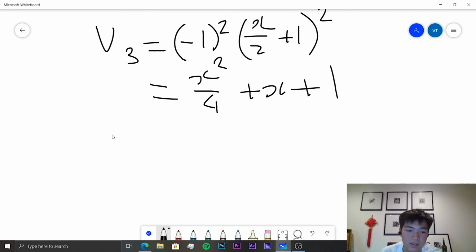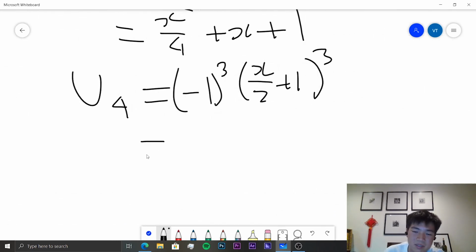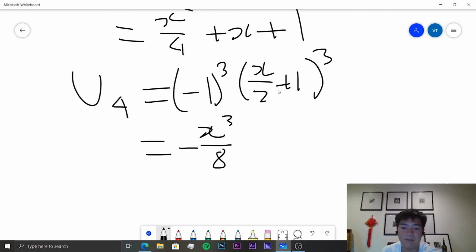And our fourth term would look like negative 1 cubed times x over 2 plus 1 cubed. And what would this be equal to? This would be equal to negative x cubed over 8. 1331, so... Sorry, 1221. Am I confusing myself? No, 1331. What am I doing?